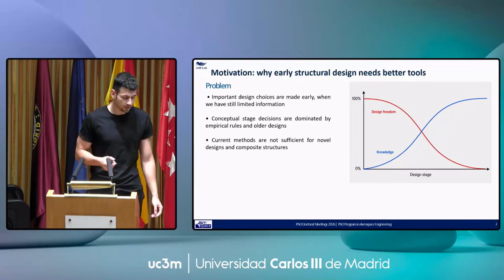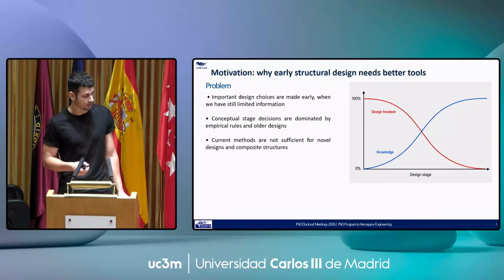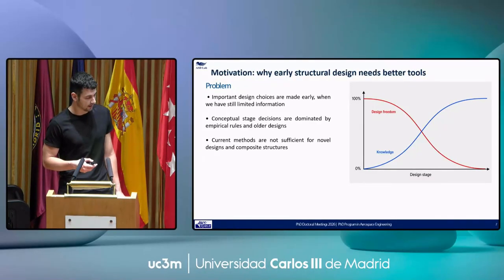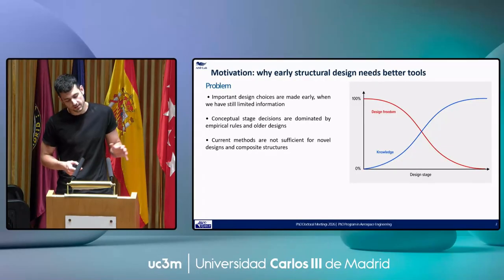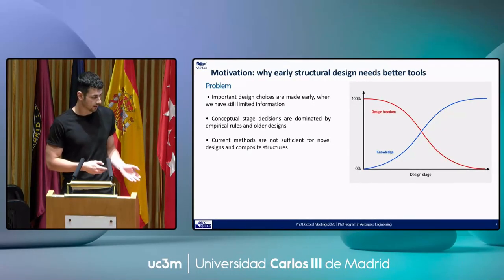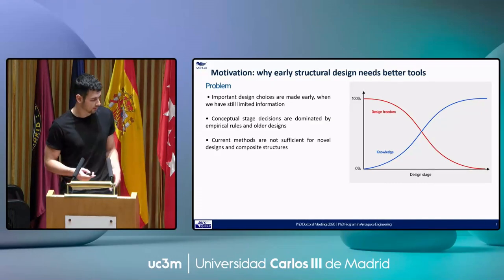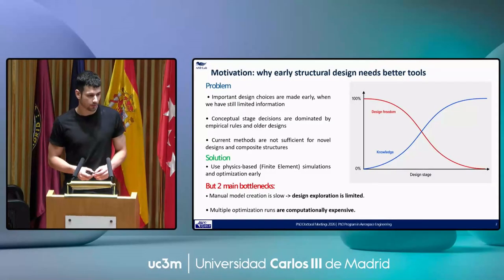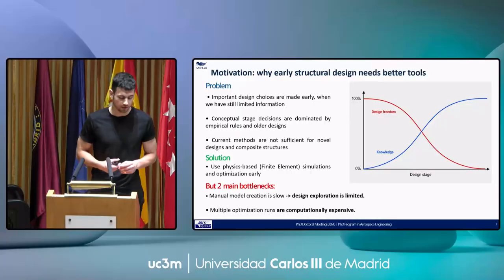Now, the problem is that during the conceptual stage, these decisions are usually made with empirical rules or with old designs. So although these methods are fast, they are also sometimes not sufficient for novel designs or composite structures. A possible solution would be to use physics-based or finite element simulations and optimization from earlier on.